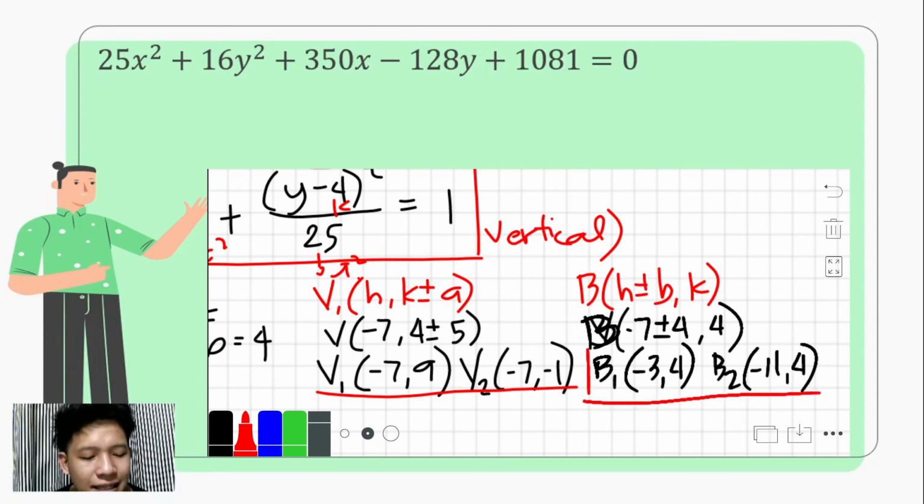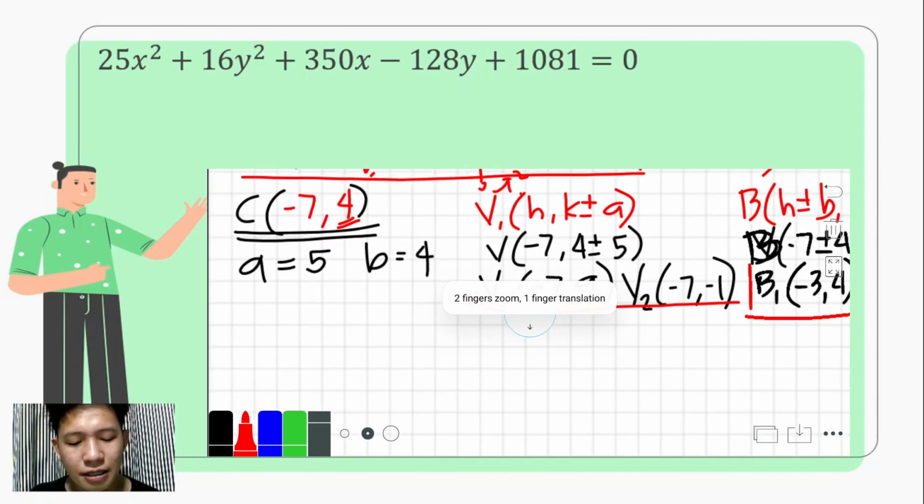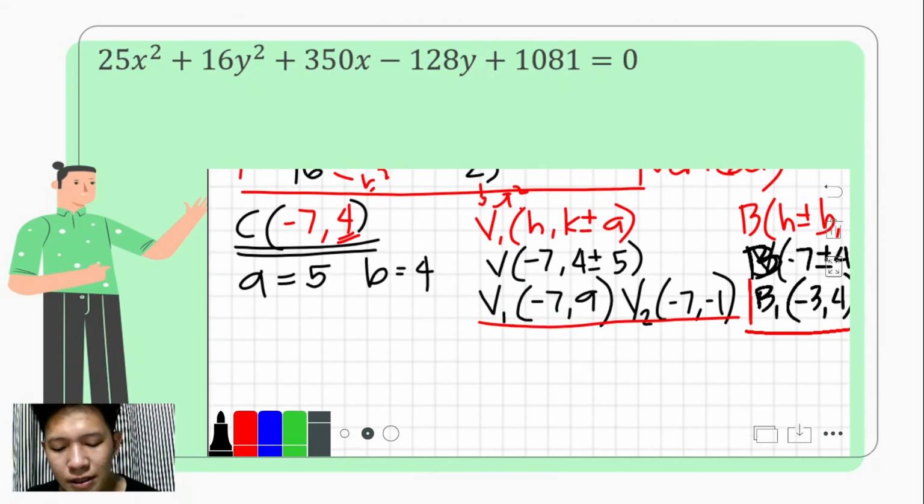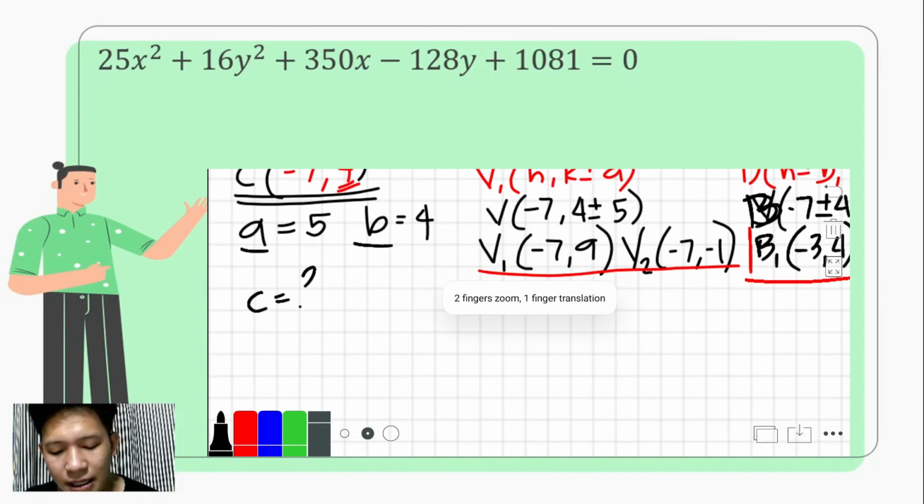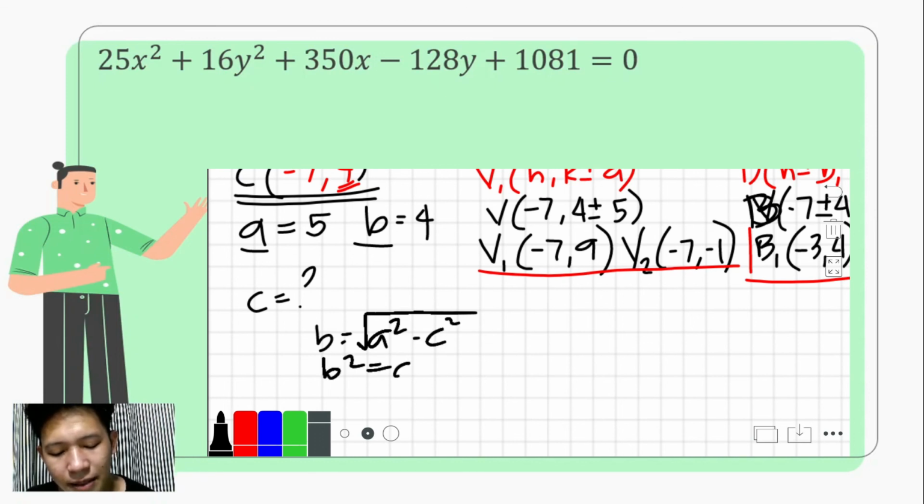And lastly, is for us to what? We are going to find the foci. And before we proceed with the foci, we still need to get the value of c. Since we are given the values of a and b, then we have the relationship b squared equals a squared minus c squared.